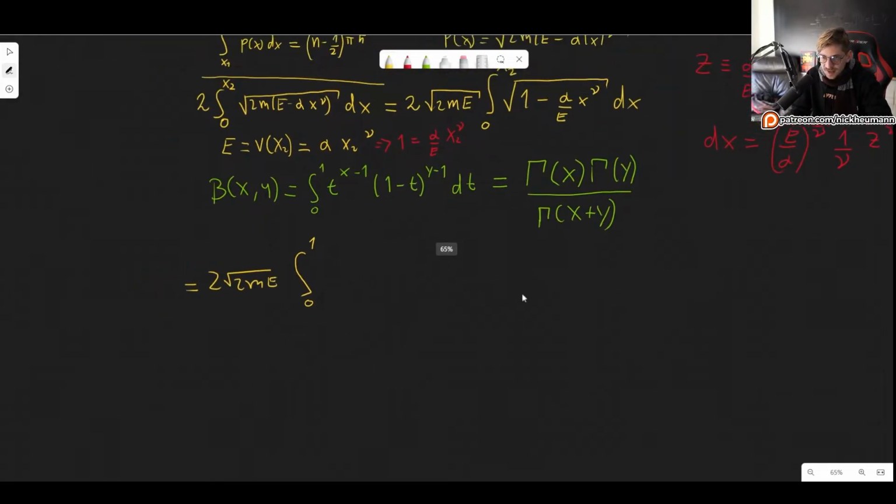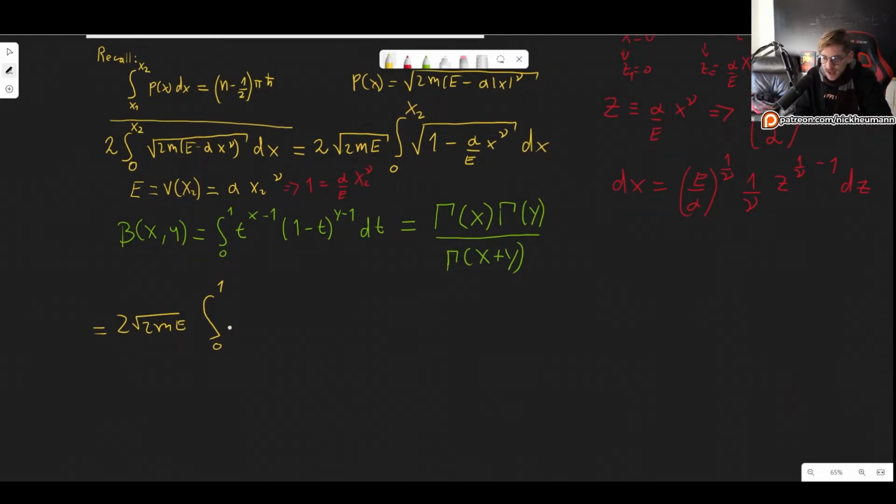Okay, what comes next? Well, now let's just plug everything in. So we get the square root, which I will write as 1 minus z to the 1/2 power, and then dx, which we know is e over alpha to the 1 over nu times 1 over nu, and then times z to the 1 over nu minus 1 dz. Okay, so there's a few constants that we don't need.